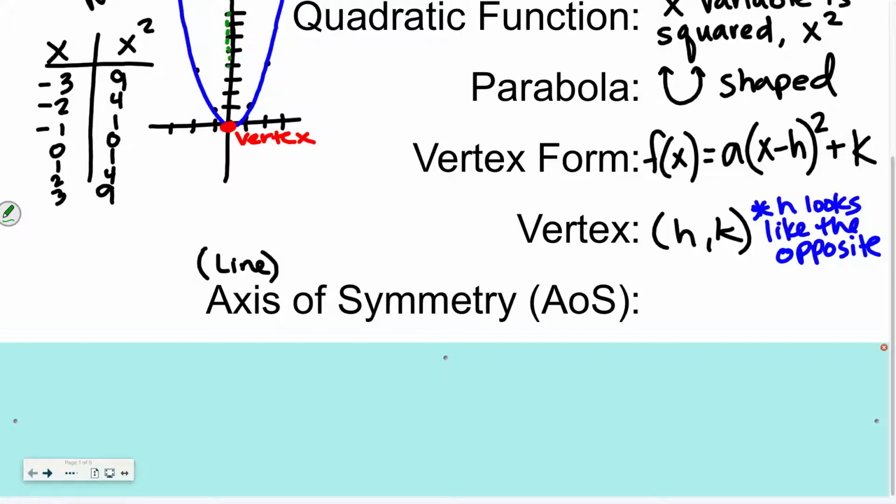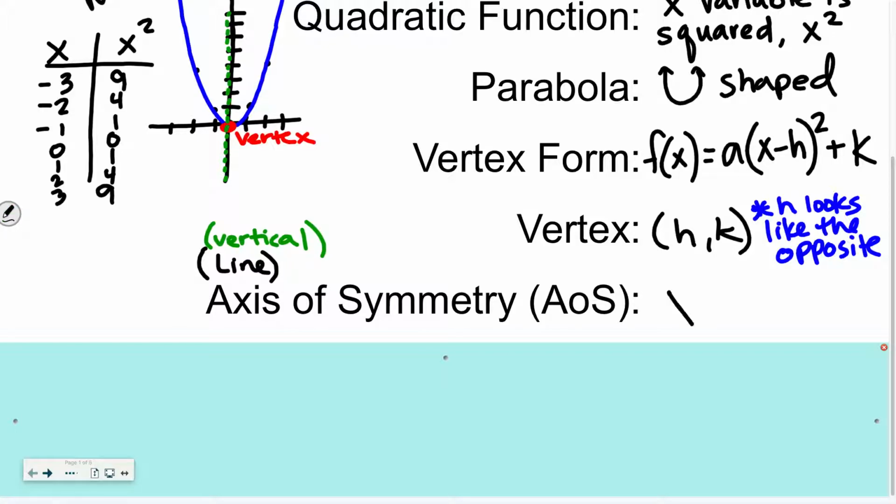Well, that happens to be the y-axis there. And even if we reflect that parabola so that it opens down, it's still going to be the y-axis. So all of our axes of symmetry are going to be vertical lines.